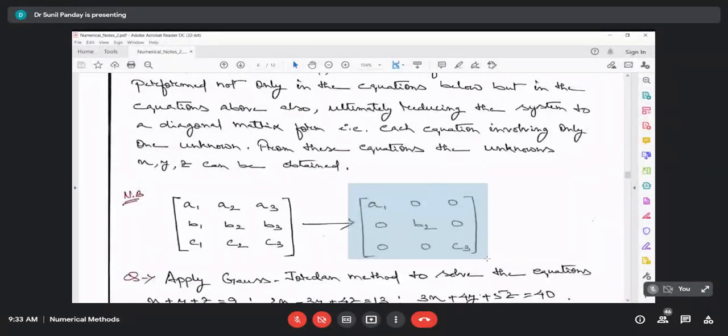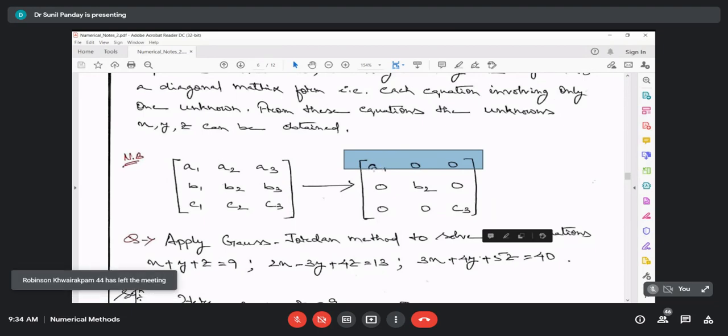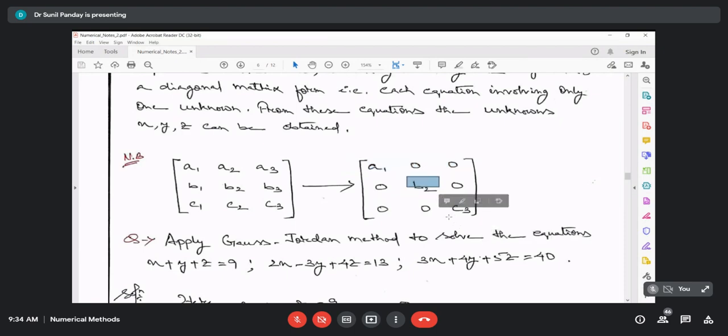So you apply elementary row operations, and you have to reduce this into this one. And if you are able to reduce this, then we can use one more operation, like R1 goes to 1 upon a1 times R1, so this is 1 0 0, and R2 goes to 1 upon b2 times R2, this is 0 1 0, and R3 goes to 1 upon c3 times R3, this is 0 0 1.